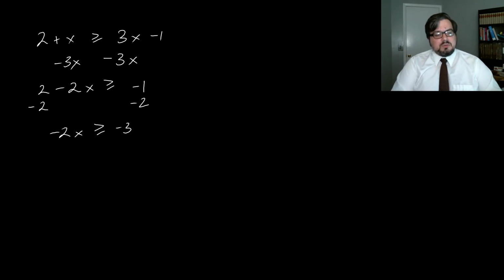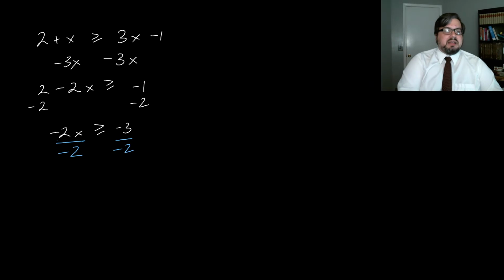But now we need to get x by itself. So we're going to divide both sides by negative 2. And this is where we have to be careful.